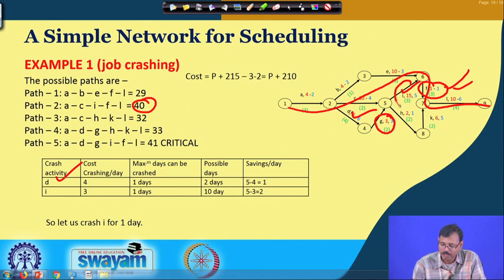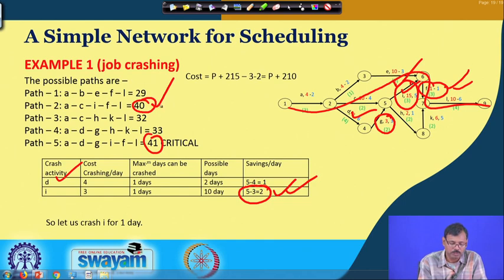But I is the common job between these two and the profit is more in I. So if we crush I, whichever day it is, that will reduce this duration and this duration also, but as per the rule we need to crush I to make it equal to the near critical path.